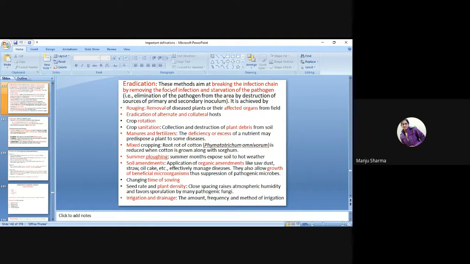Then the changing time of sowing, seed rate and plant density, like close spacing raises atmospheric humidity and favors the sporulation by many pathogenic fungi.